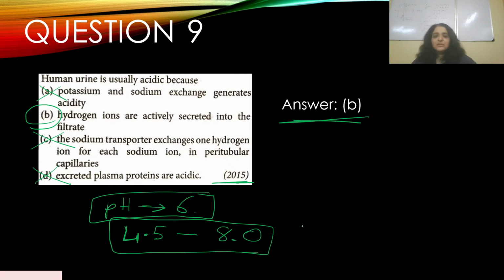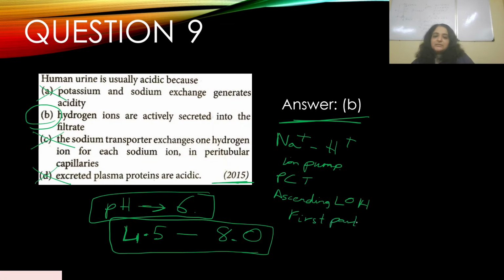Now, there are two ways by which this happens. One way is the sodium hydrogen ion pump. If you watch my previous part, you will know what I'm talking about. This acts in the PCT region, the thick ascending loop of Henle, and the initial part of the DCT.